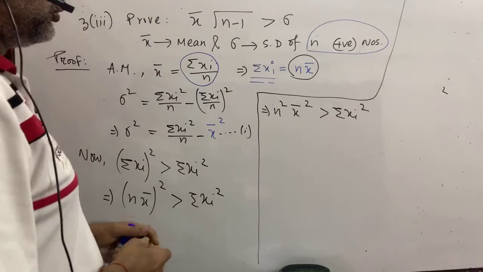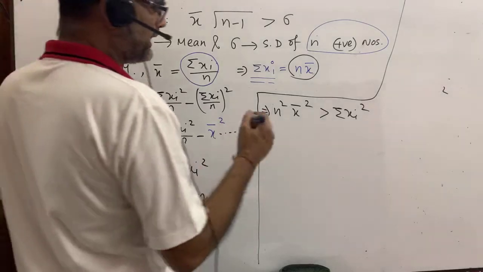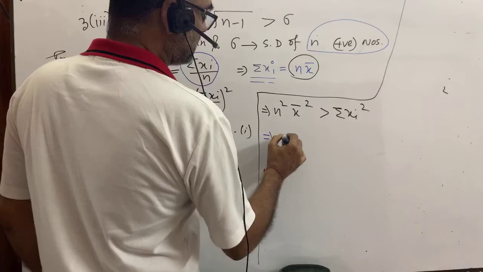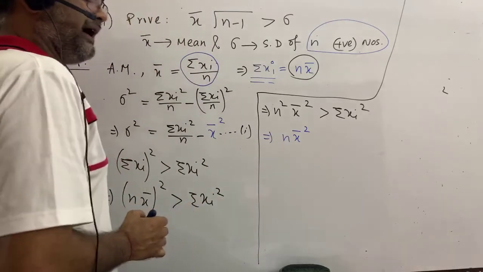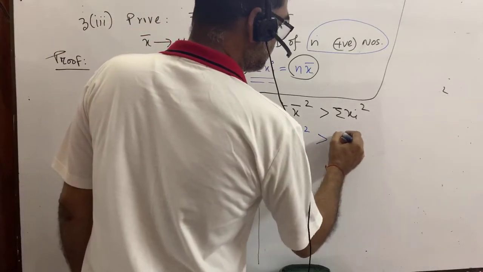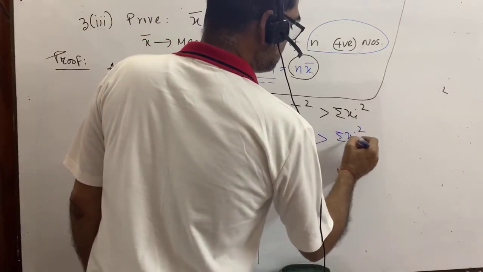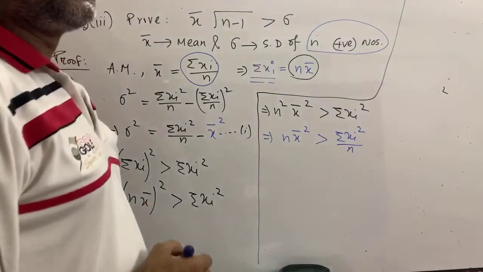Okay, now we can divide all by n. We divide all by n. n x bar whole is n x bar square greater than summation xi square by n. I have divided both the sides by n.